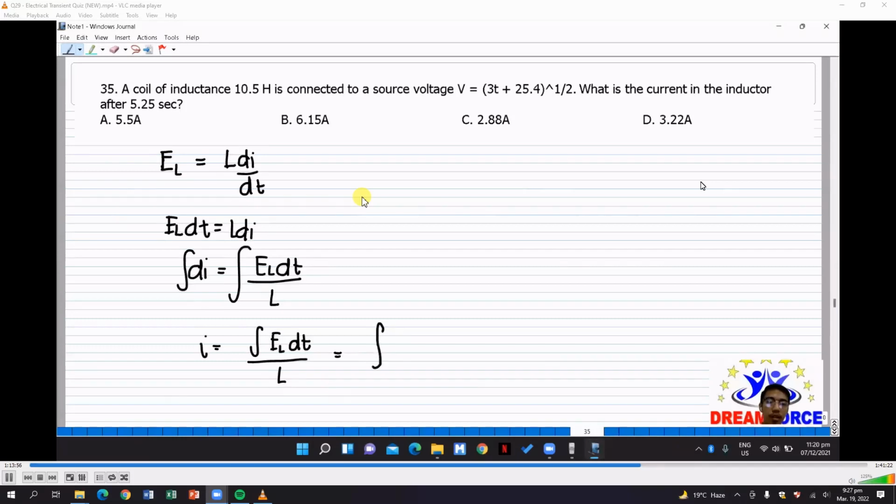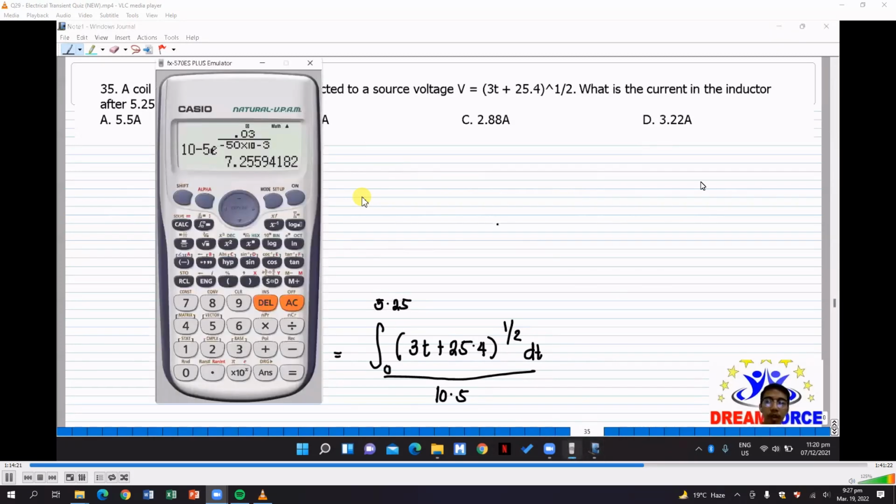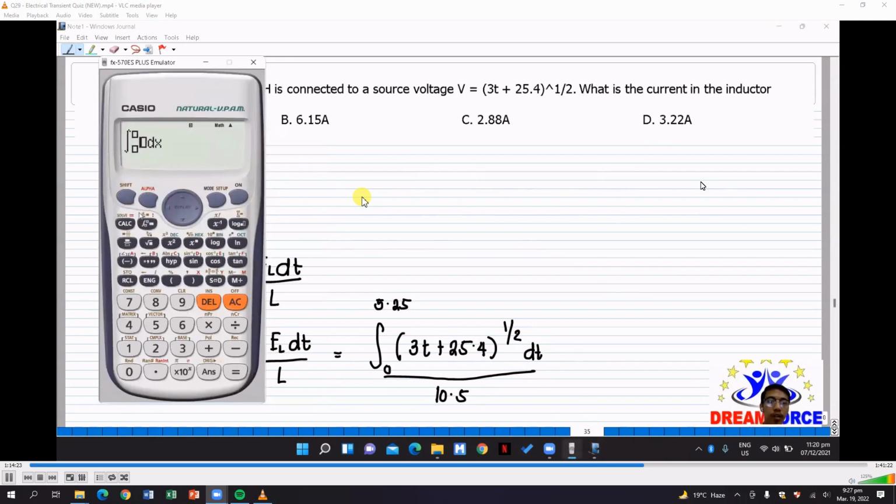And yung E_L natin is the voltage source dito. We have 3T plus 25.4 raised to 1 half, then dt over L. Ano yung inductor natin? Given, that is 10.5 Henry. Ang limit natin from 0 to the given time, 5.25. So gamit tayo ng integration.